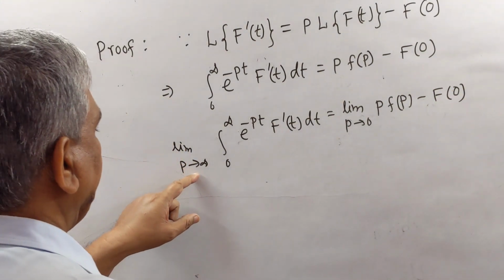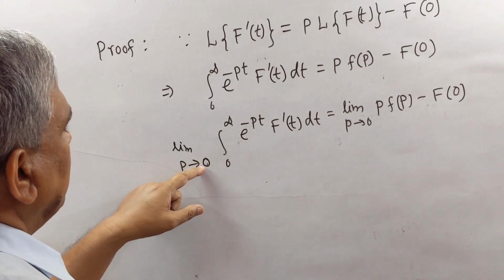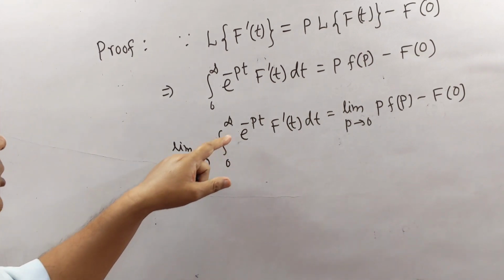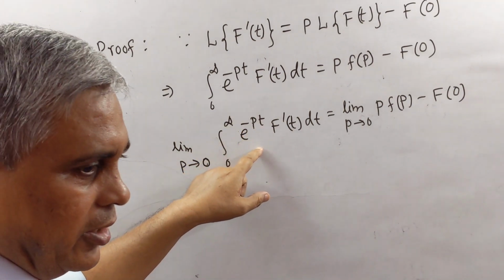Here p tends to 0, not infinity. If p equal to 0, then e to the power 0 is 1.